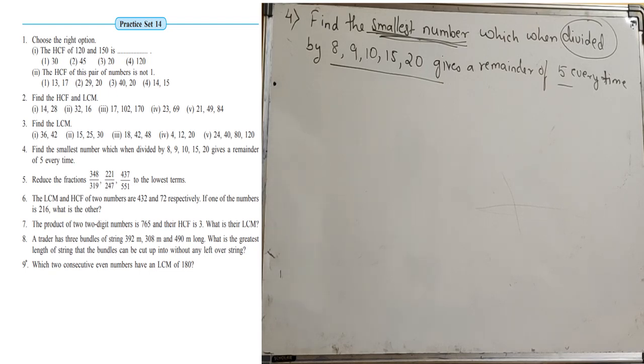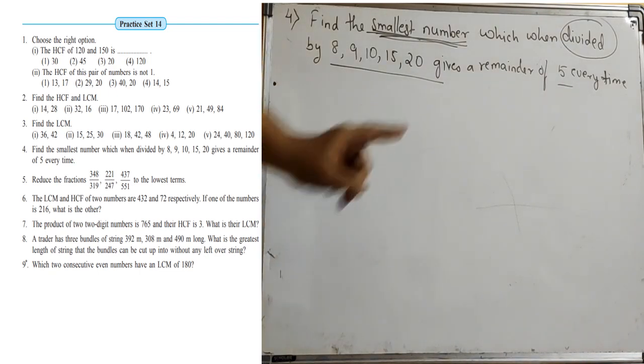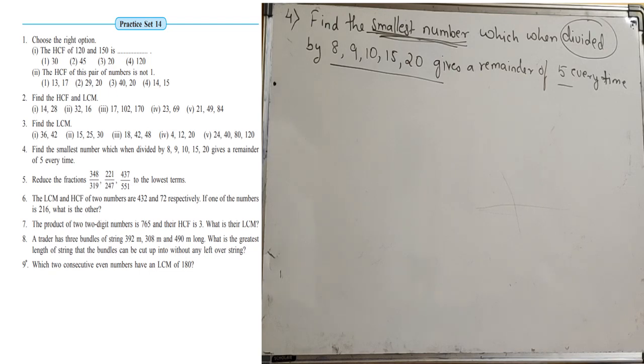We need to find the smallest number which can be divided by all these numbers to give you a remainder of 0. So the first thing we are supposed to find is the number which, when divided by all of these, will give the remainder 0. That means we are supposed to find the LCM of all these numbers. So let us find out the LCM of all these numbers together.